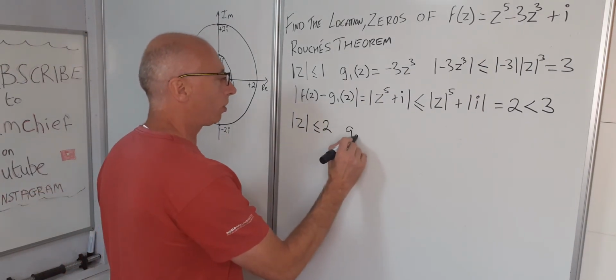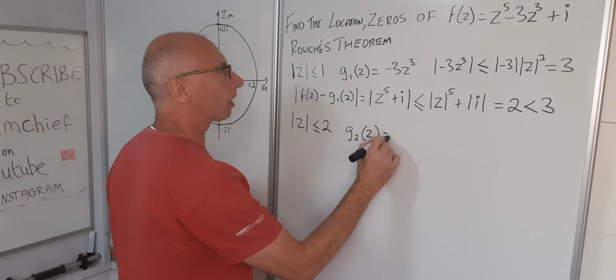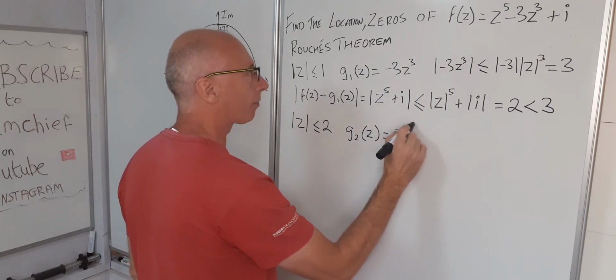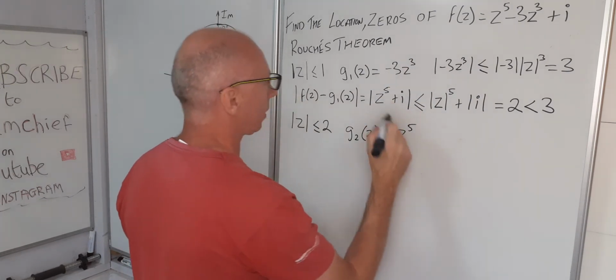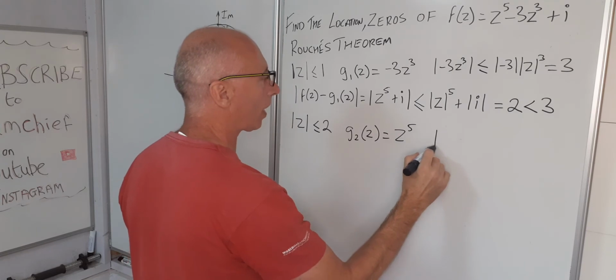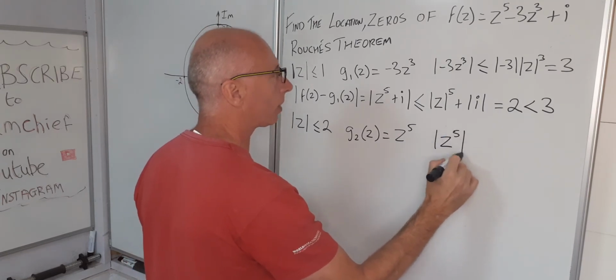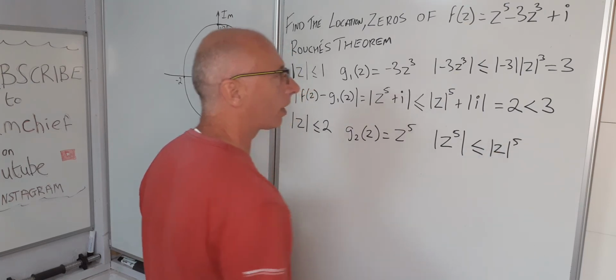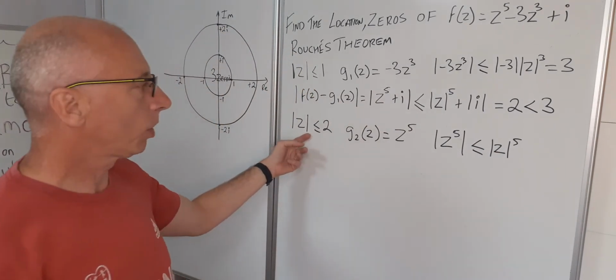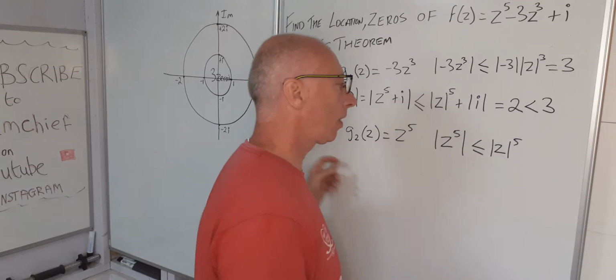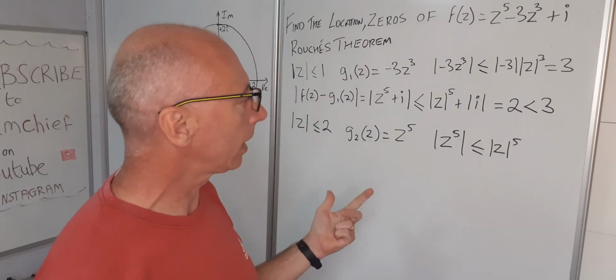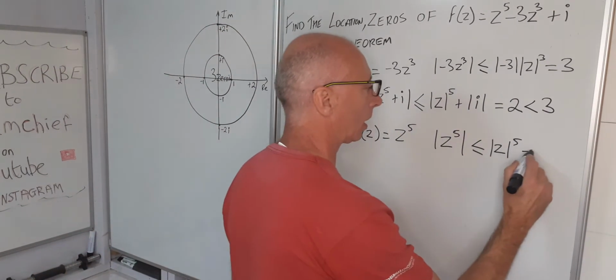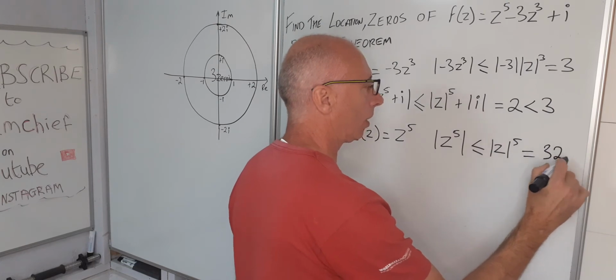So now we let g2 of z equal z to the 5. And then the modulus of z to the 5, when the modulus of z is 2, 2 to the power of 5 is 2, 4, 8, 16, 32. So that equals 32.